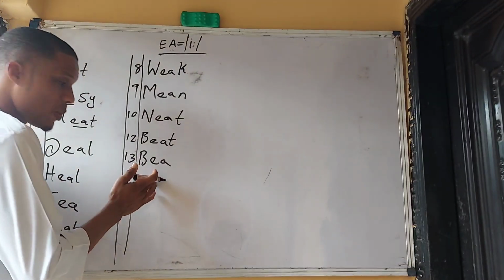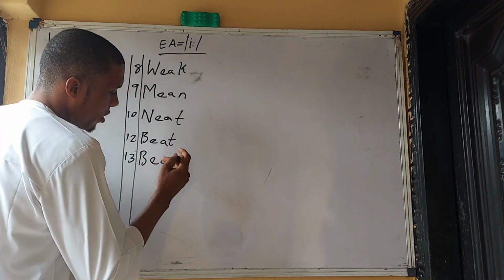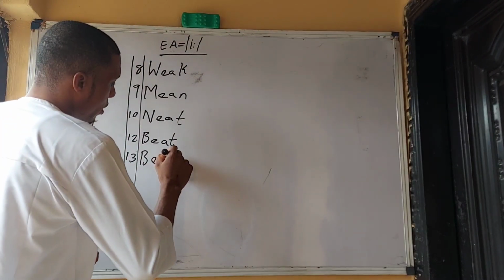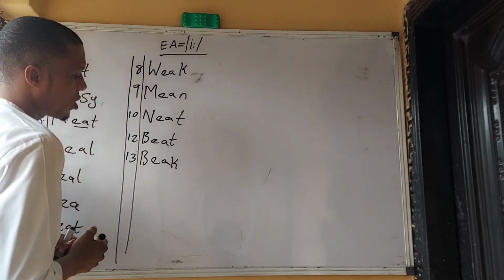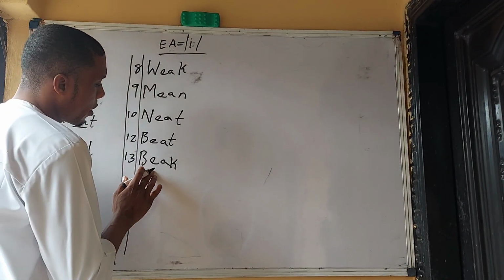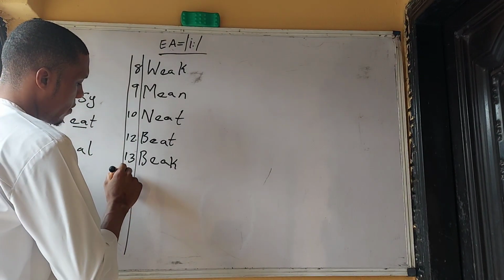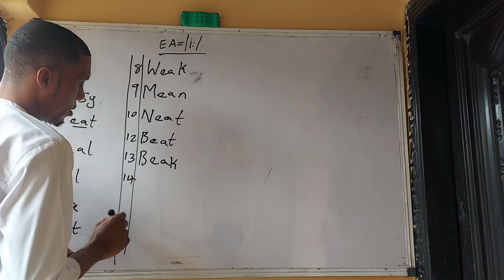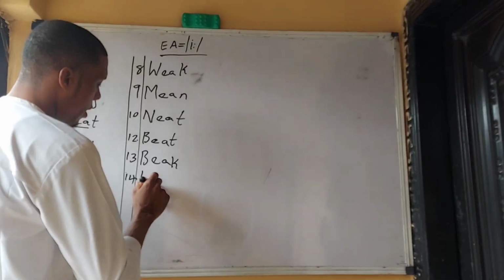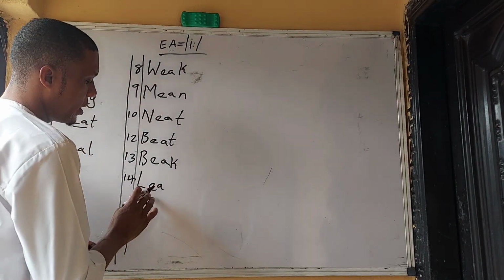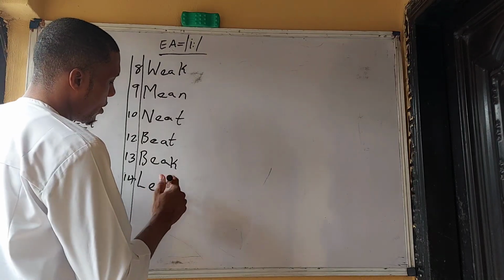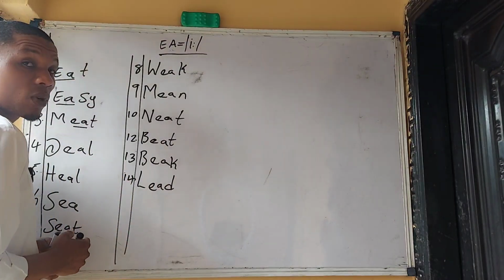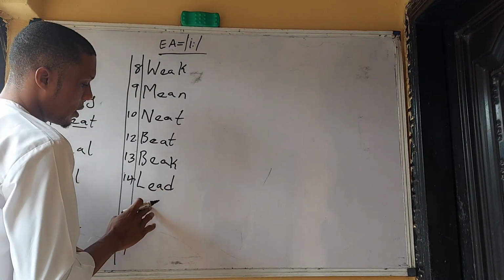Number 12, B-E-A is B. B. If you add K to it, becomes what? Beak. Beak. 14, L-E-A is Li. Li. If you add D to it, becomes what? Lead.